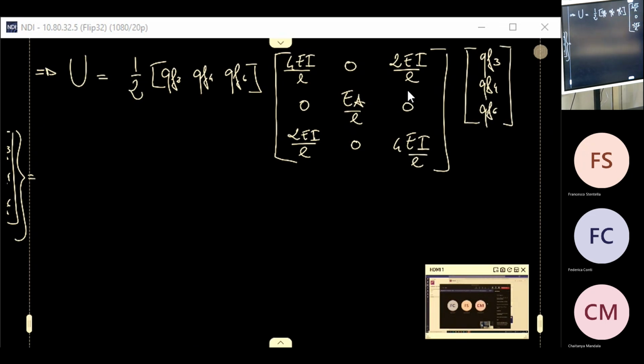Okay, so as anticipated, this is a quadratic form.